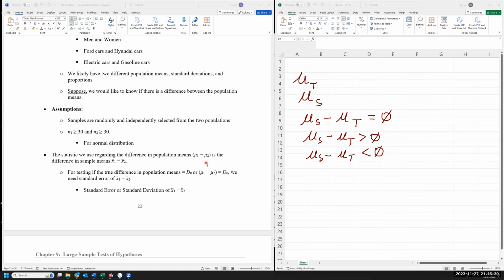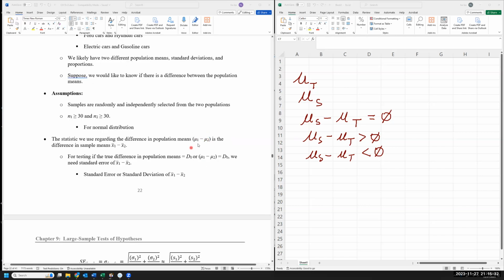And we want to test if this population difference is greater than, equal to, or less than some D naught. In the example that I gave previously about salmon eggs, the D naught, the hypothesized difference, was 0. But it doesn't have to be. It could be 3, it could be 5, or whatever.